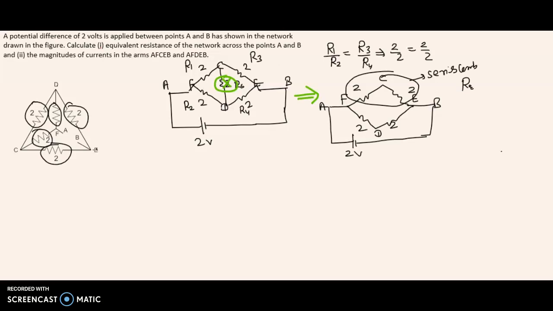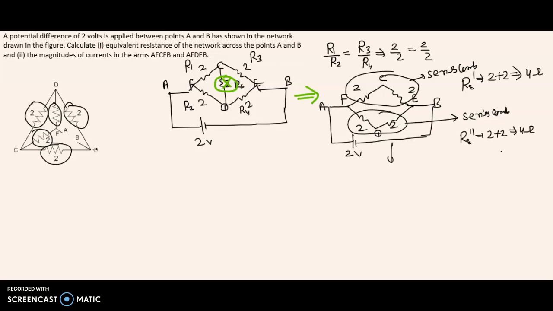So R equivalent dash equals R1 plus R2, 2 plus 2, equal to 4 ohm. Also 2 ohm and 2 ohm is a series combination, so R equivalent double dash equals 2 plus 2, means 4 ohm resistor.